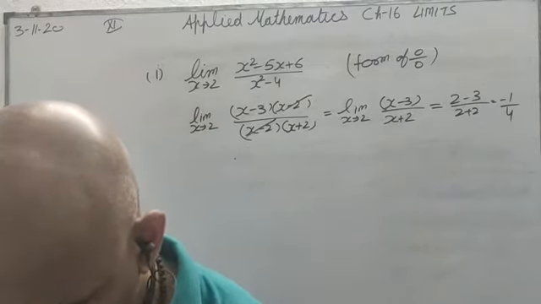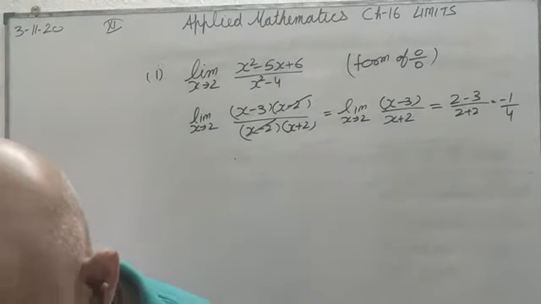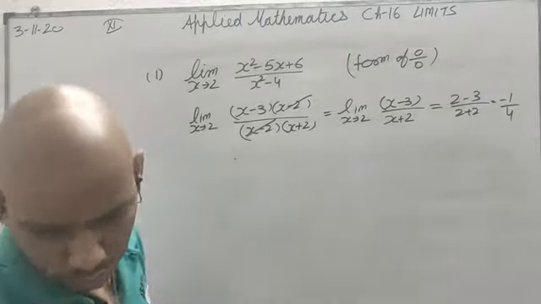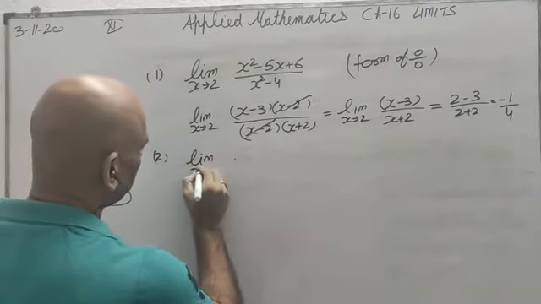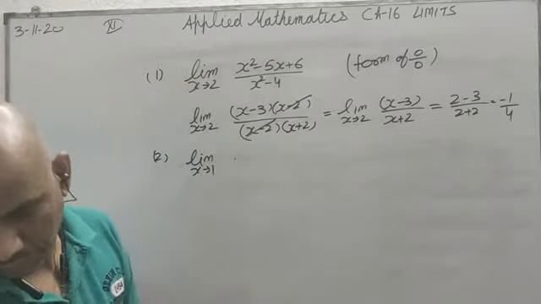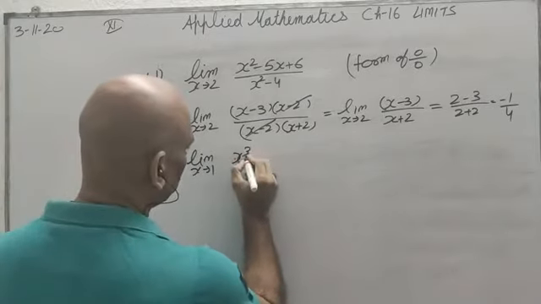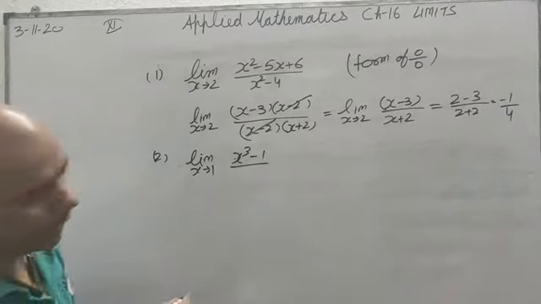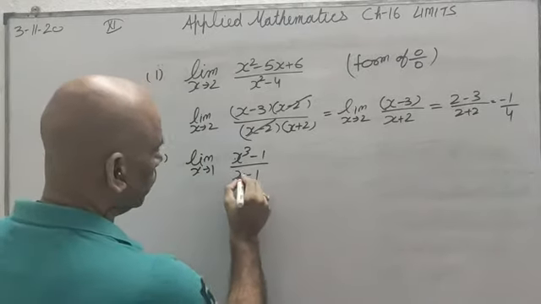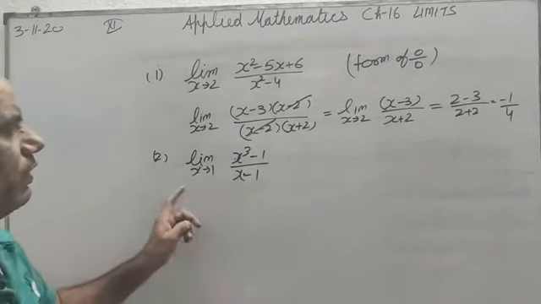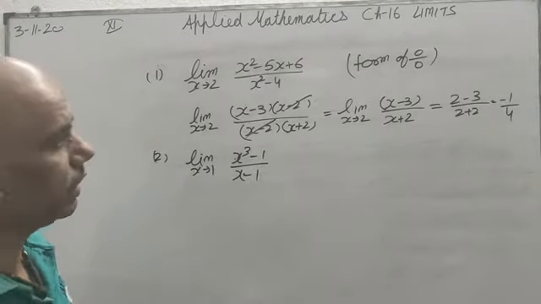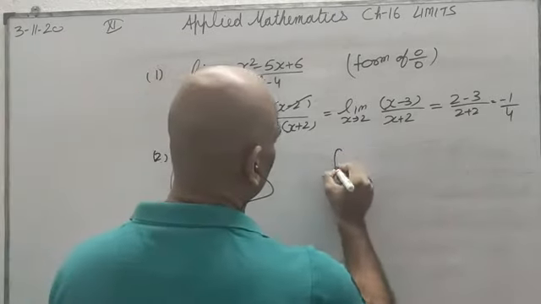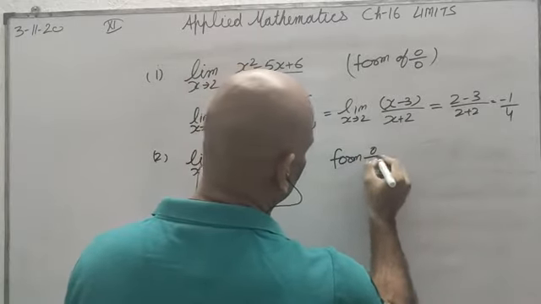Then let's have a look at the next one. Limit x tends to 1, x cube minus 1 upon x minus 1. Once again you can see that if I substitute the value of the limit direct, I get 0 upon 0.